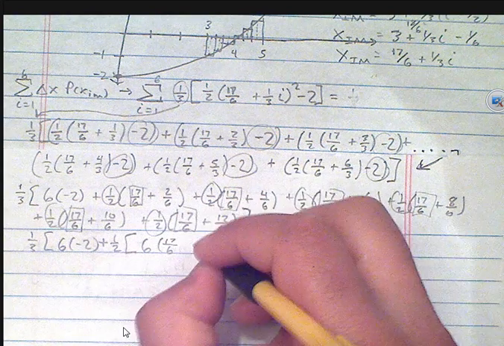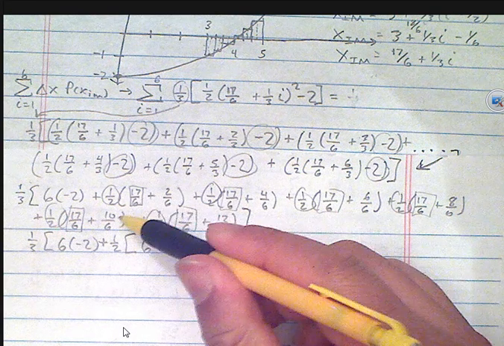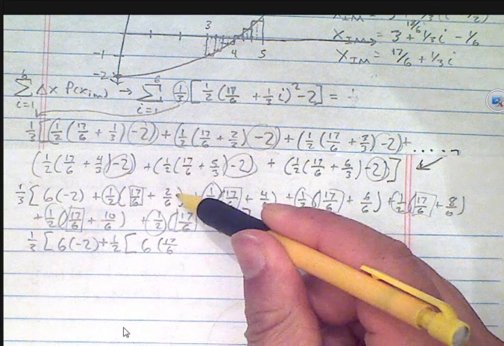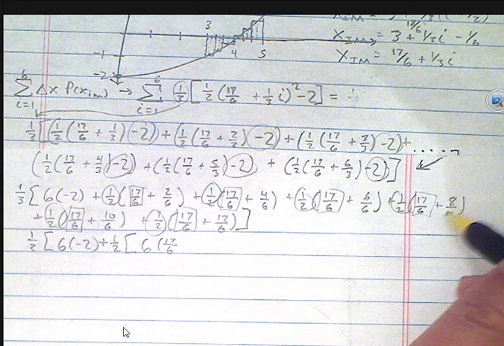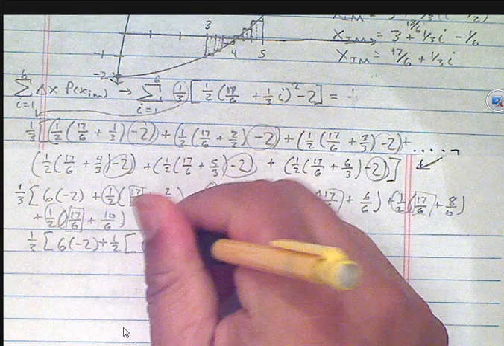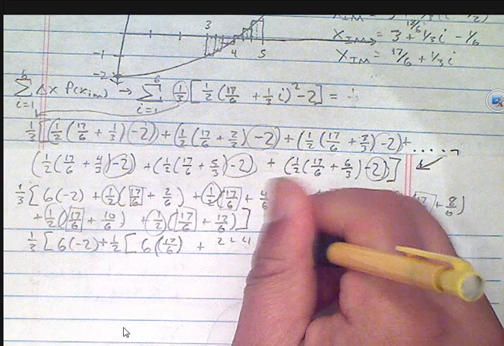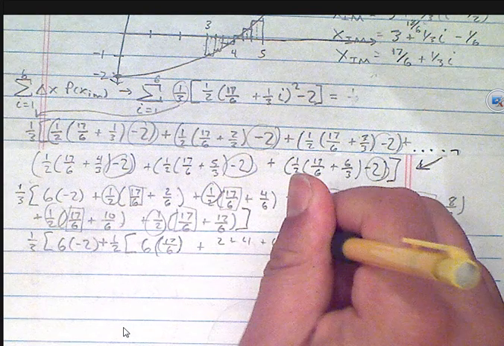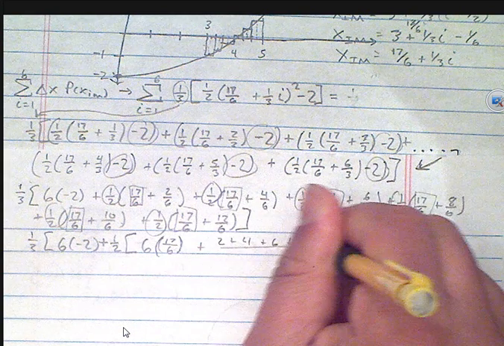Then I've got 2 over 6 plus 4 over 6 plus 6 over 6 plus 8 over 6 plus 10 over 6 plus 12 over 6. So I've got 6 times 17 over 6, then I've got 2 plus 4 plus 6 plus 8 plus 10 plus 12 all over 6.